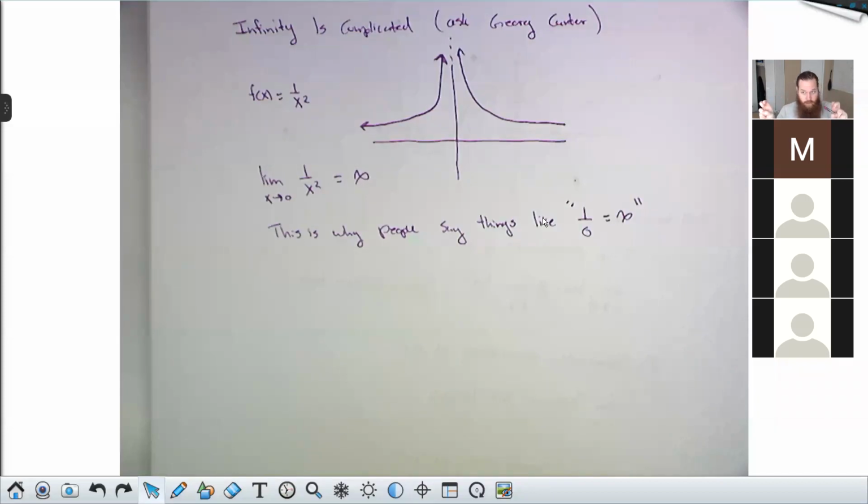It's not quite kosher, but it has some intuitive appeal. Because as you get closer and closer to 0 on this 1 over x squared graph, the bottom is definitely getting closer and closer to 0. The top is staying 1, and clearly the y values are going up to plus infinity. So something like 1 over 0 equals infinity has some intuitive appeal, even though it's not entirely rigorous.